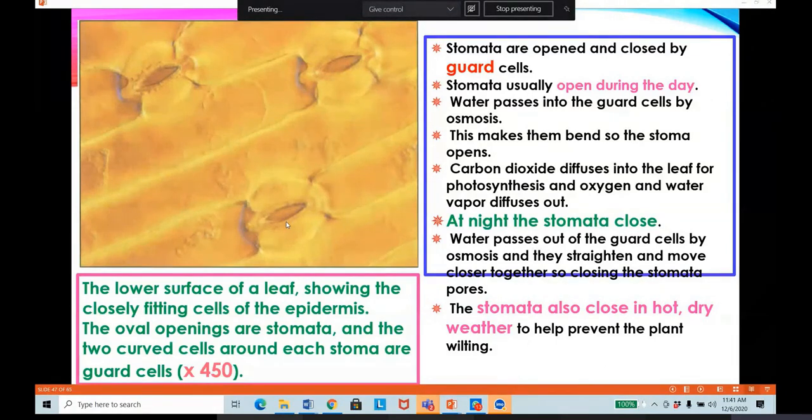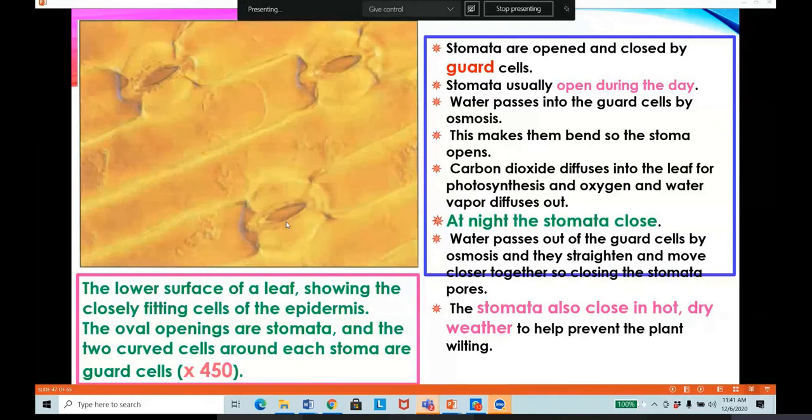So as you can see, the stomata, can someone please explain the steps which take place in the opening and closing of the stomata, and why are they open only during the day and why are they closed during the night? Stomata can be opened and closed by guard cells, and they're usually open during the day.